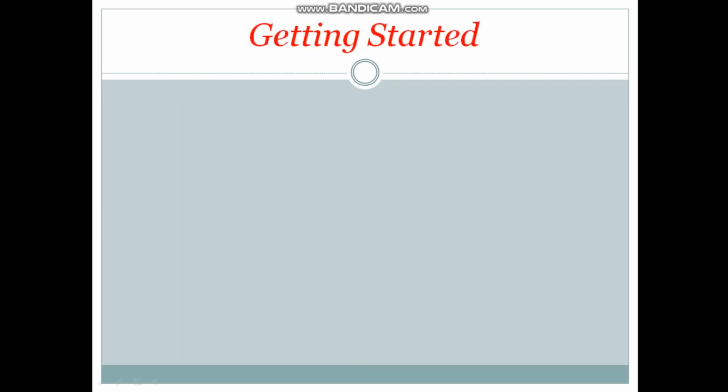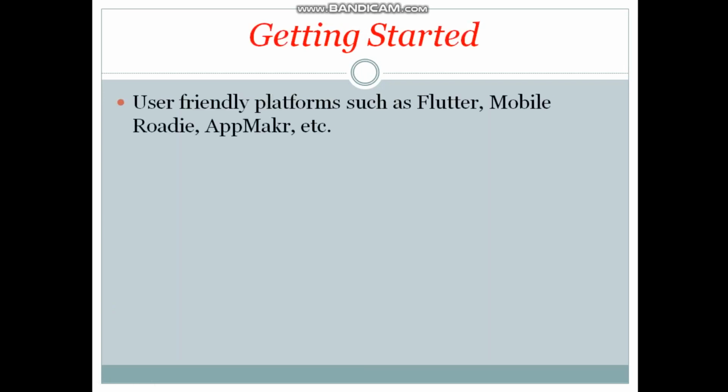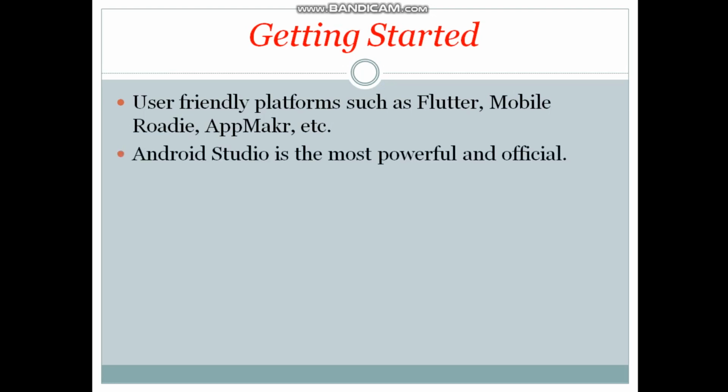Now, coming to the most important part, where can we build Android applications? There are many platforms to build Android applications, such as Flutter, Mobile Roadie, App Maker, App Machine, etc. These platforms require very minimal coding knowledge, but the most efficient in building applications is Android Studio.